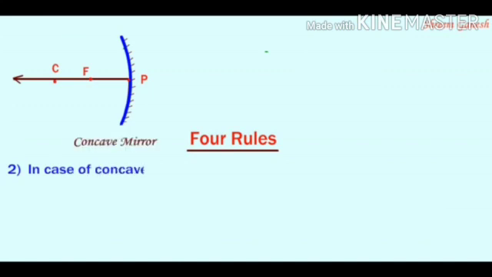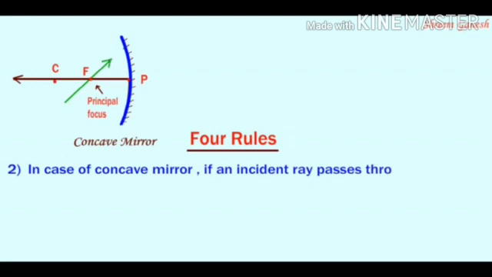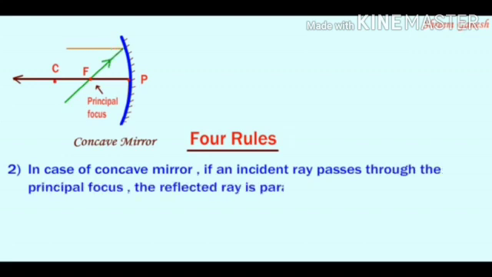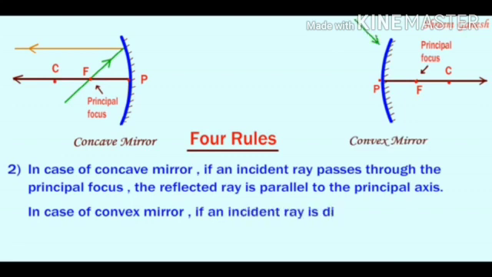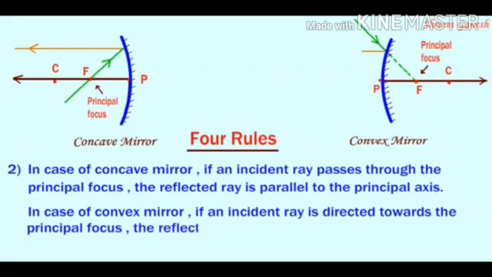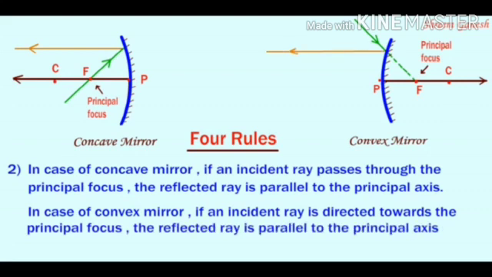Second point, for the concave mirror, if an incident ray passes through the principal focus, the reflected ray is parallel to the principal axis. For the convex mirror, if an incident ray is directed towards the principal focus, the reflected ray is parallel to the principal axis.